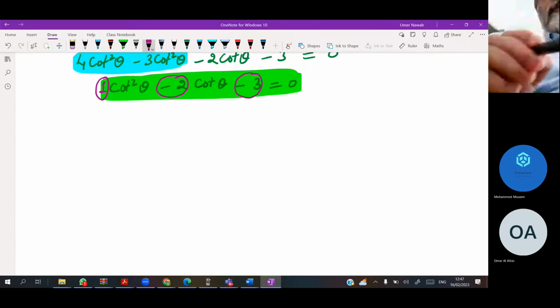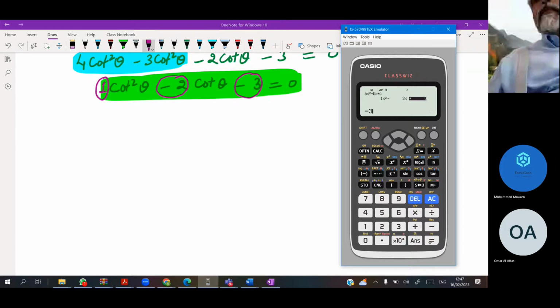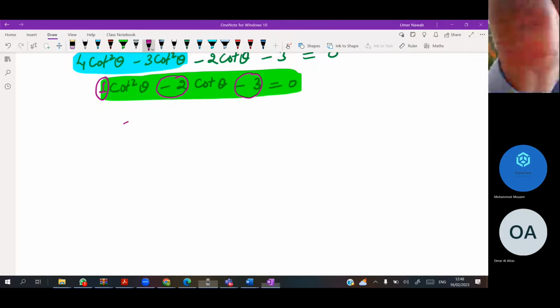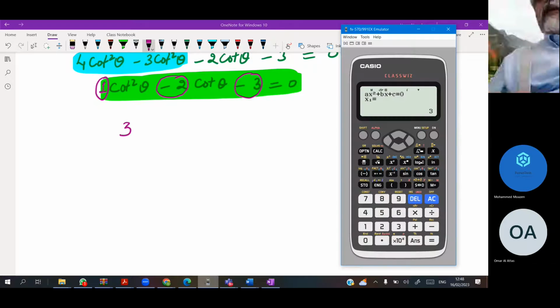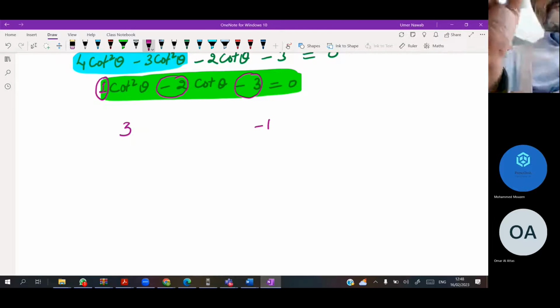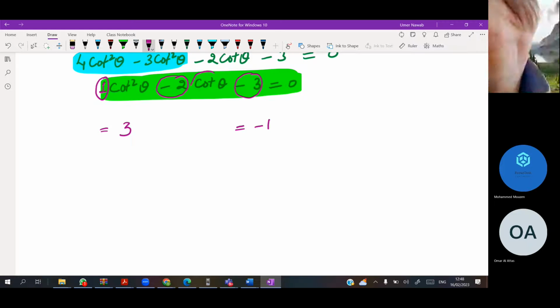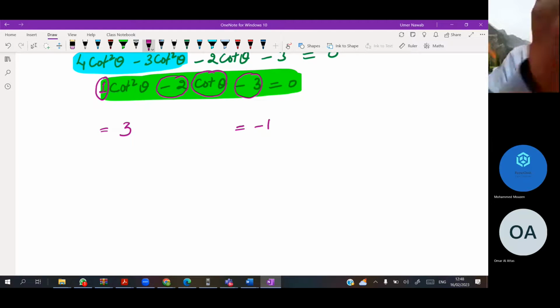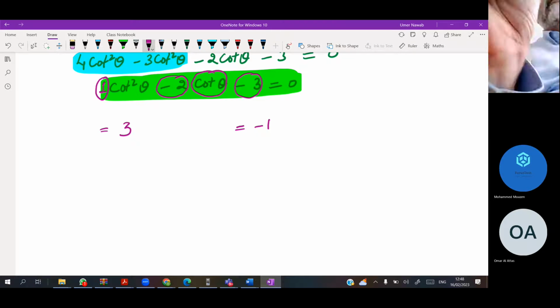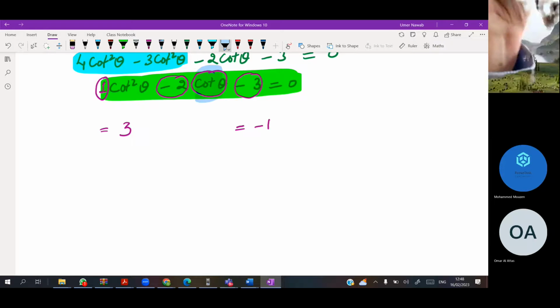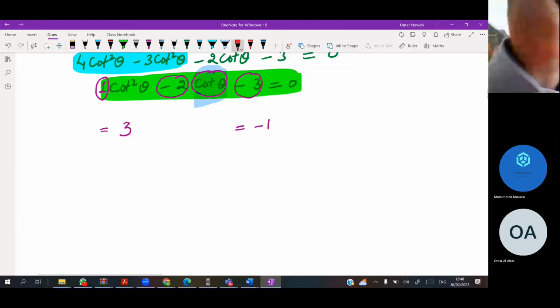And then -3. First answer is 3. Second answer is -1. Now both of these answers are not equal to theta. They are equal to cot theta, because this is quadratic in cot theta. So I'm going to write both answers equal to cot theta.